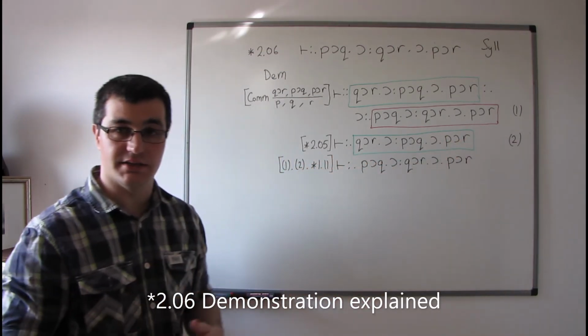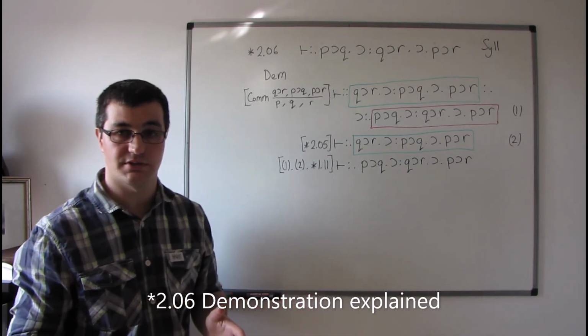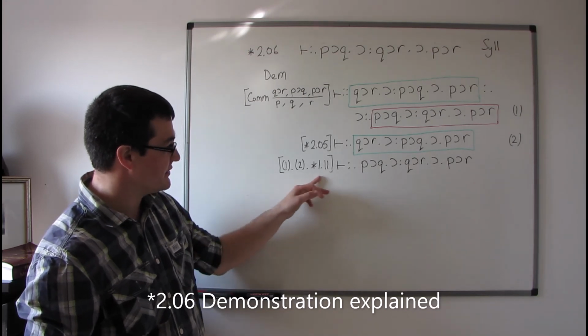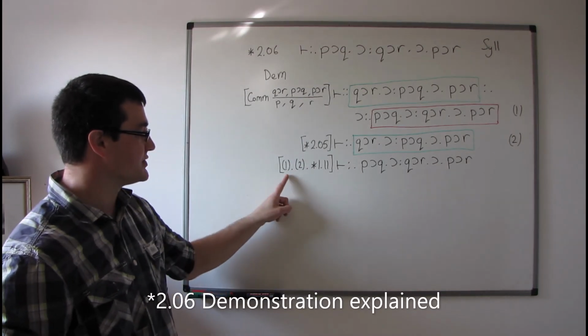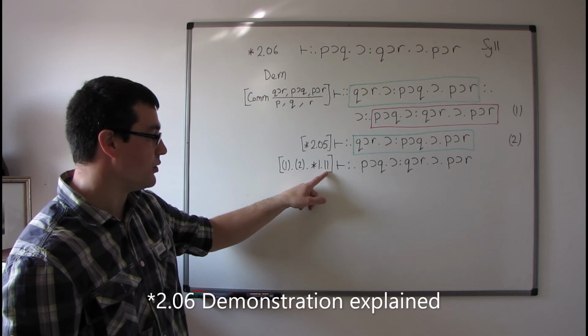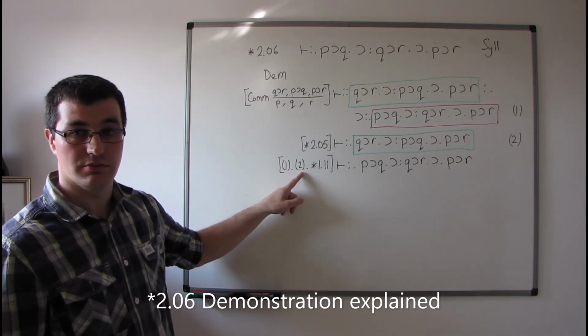So that's going to lead us to use one of our rules of inference, okay? And that's what's indicated here. So what this is saying in the little box here is that this assertion is being made in accordance with an application of our rule of inference 1.11 to the lines 1 and 2.